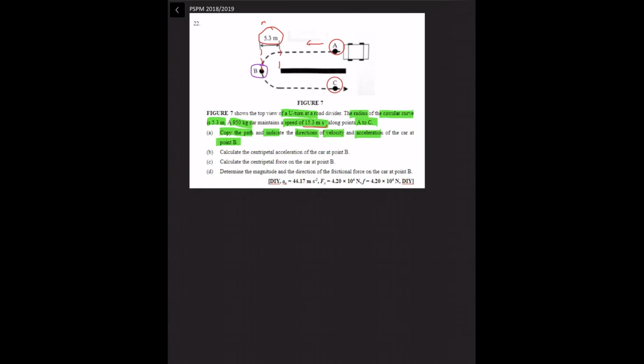We have to copy the path first, from A to C. Let's denote the points: this one is point A, this is point B, and this is point C. So we have to indicate the direction of velocity and acceleration at point B.